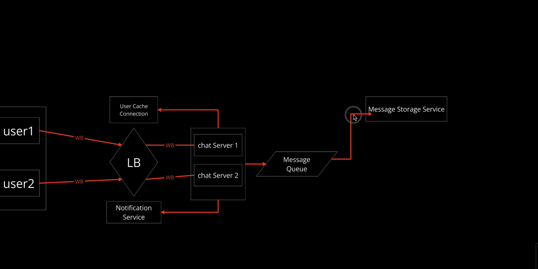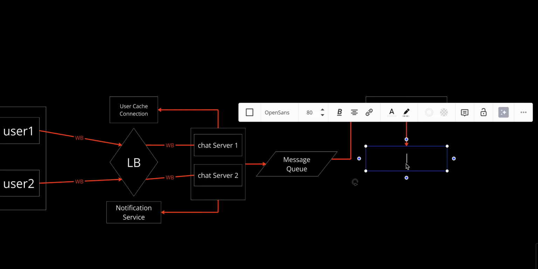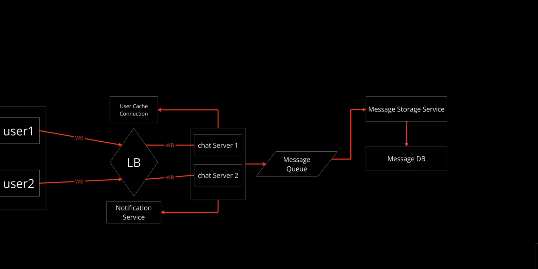And I would say also we have a message DB, multiple message DBs. Okay, so the message service, this component handles the durable storage of chat messages. Messages are consumed from the message queues and written to a NoSQL database like Cassandra for fast retrieval and scalability. So we use NoSQL because we have billions and billions of messages. And we did talk about the media service, and we did talk about that we should have a message group.